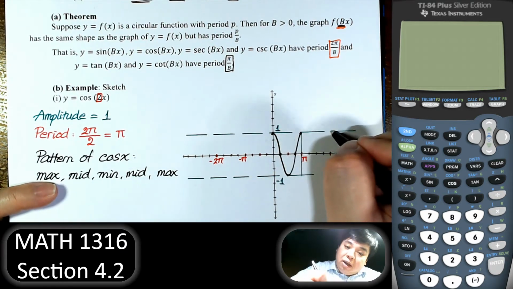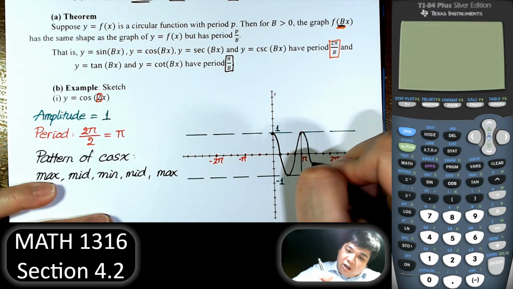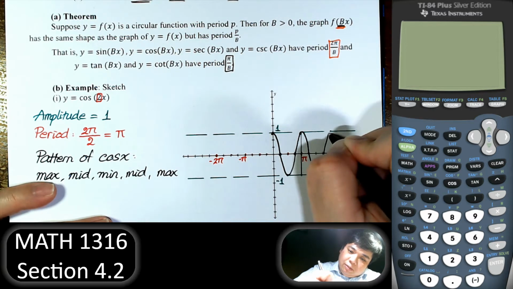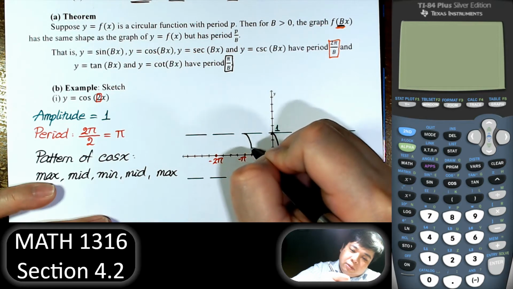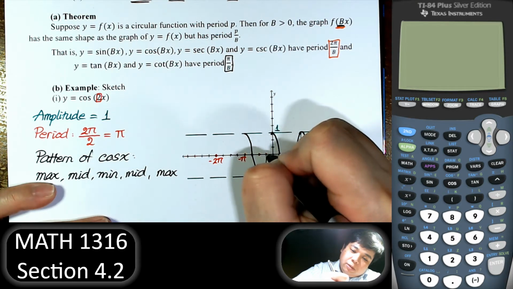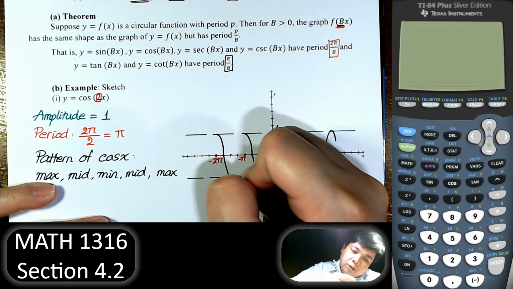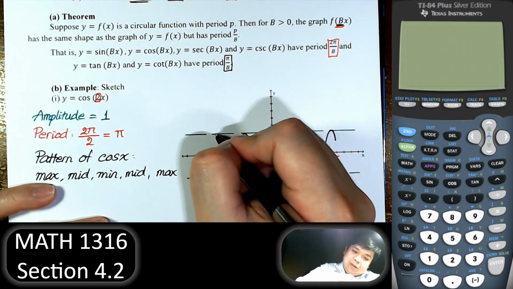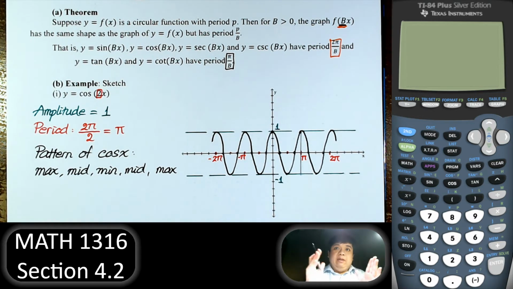Once again, I'll copy and paste throughout the number line. So that is y equal to cosine of 2x. Right? So the amplitude gives us the bound, and the period gives us what happens in the period.